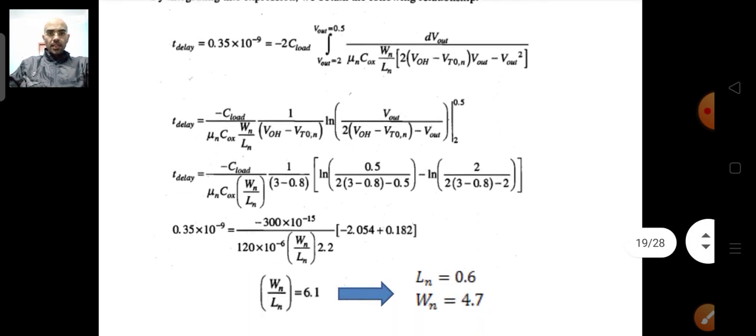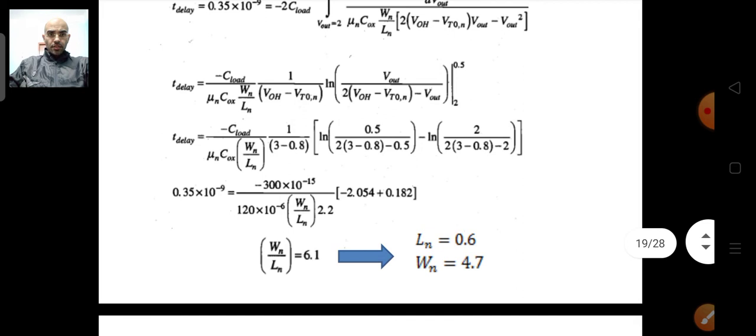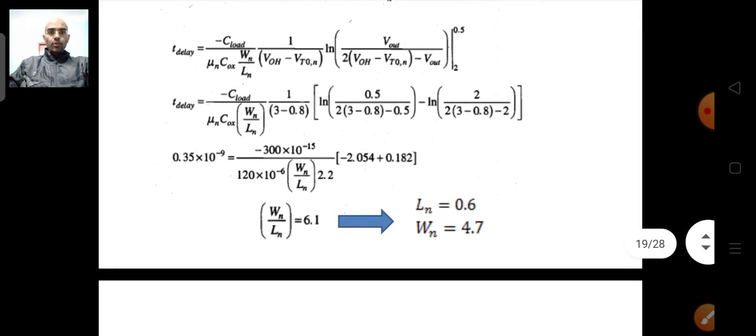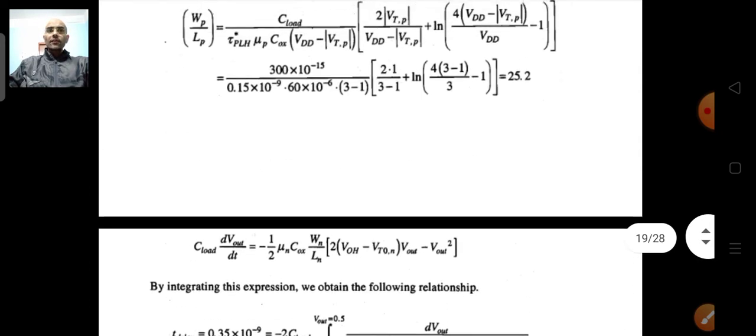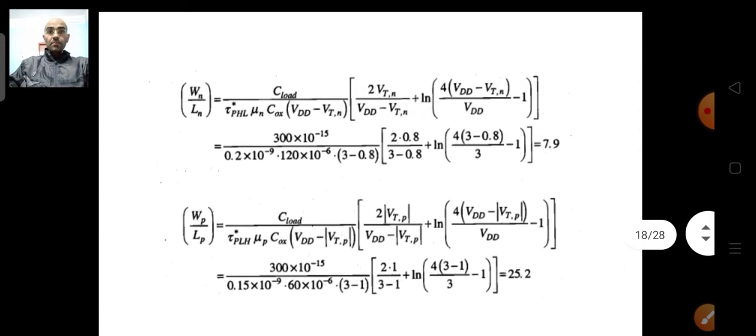For that fall time, our W by L comes to 6.1. To meet this condition, we have a W by L of 6.1, whereas to meet the previous constraint, what we got is that our W by L should be 7.9.